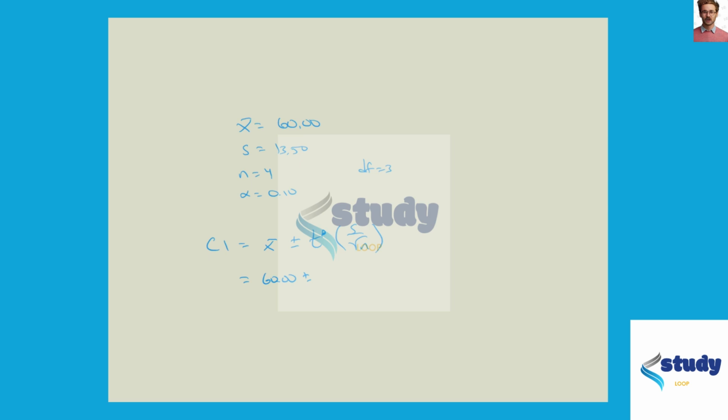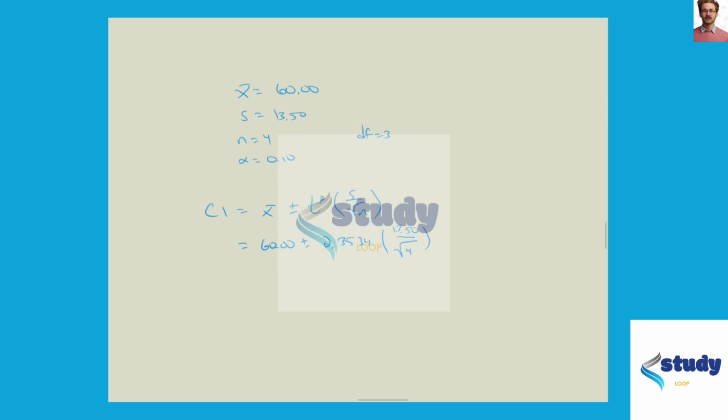The critical t value would be 2.3534, the standard deviation 13.50, and the sample size 4.